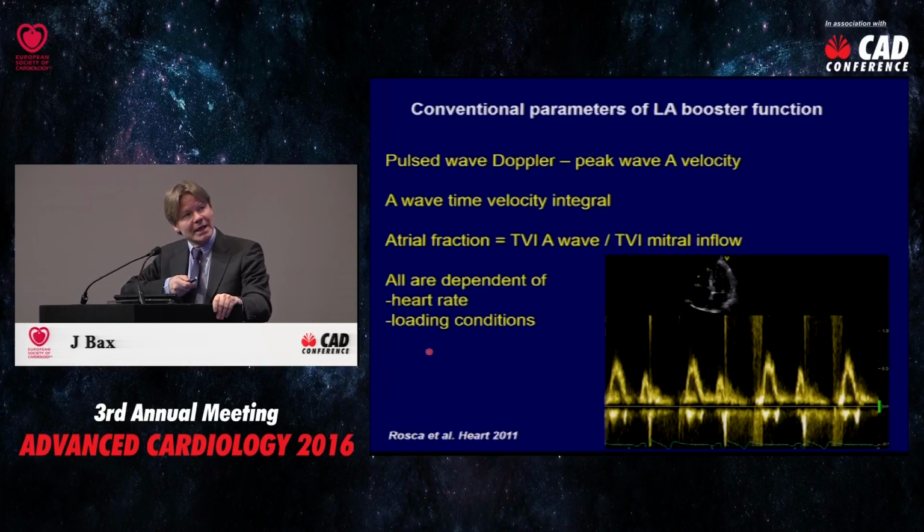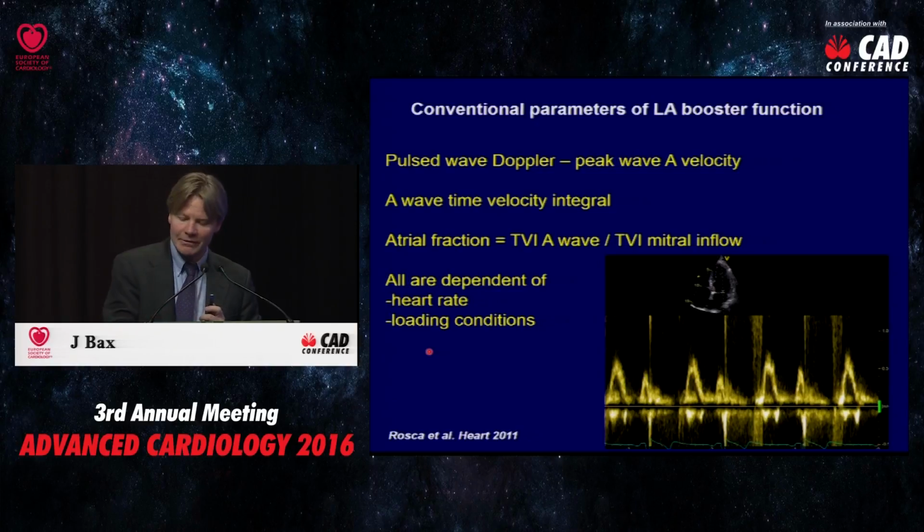We can do the A wave time velocity integral, where we just trace this and calculate specifically. We can also do the atrial fraction, where we take the TVI A wave over the TVI mitral inflow. So we trace everything, and then we take this part here and see how much it is. All of that is dependent on heart rate and loading conditions.